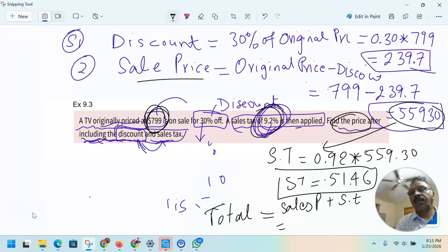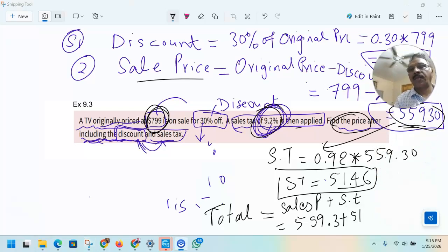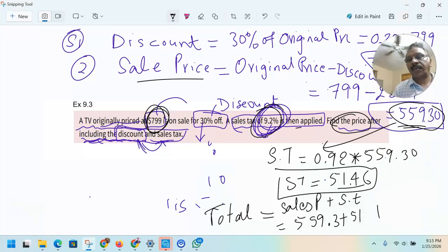So the sale price is 559.3, and you add this piece, and you get the total. Check the answer.